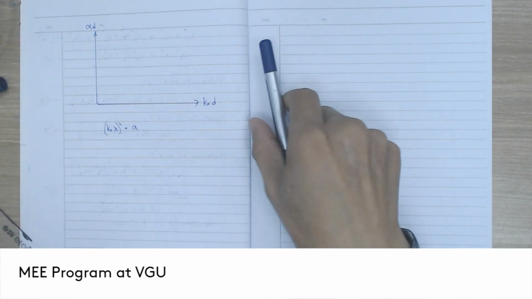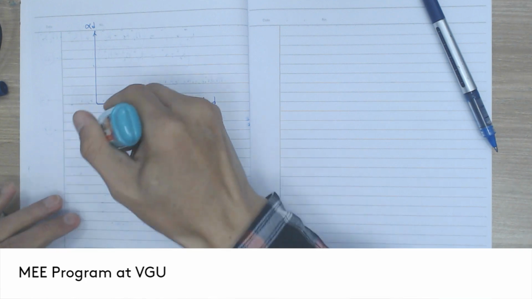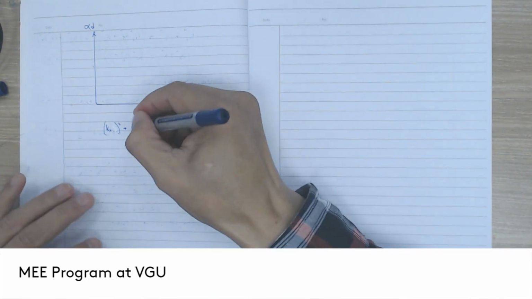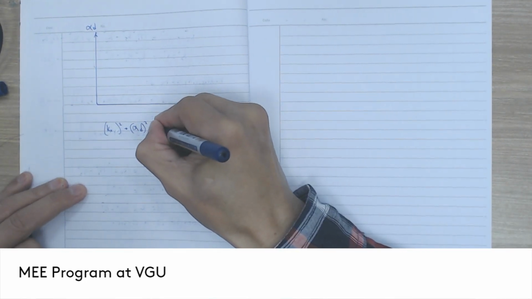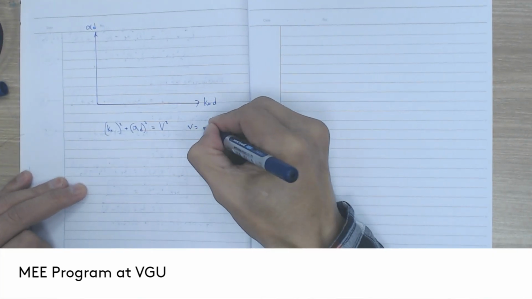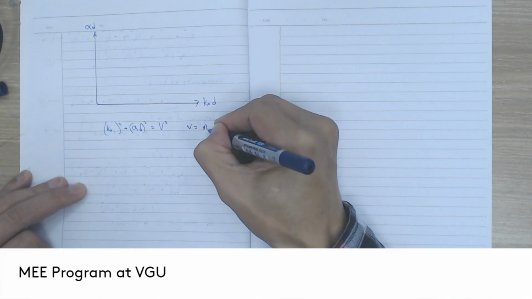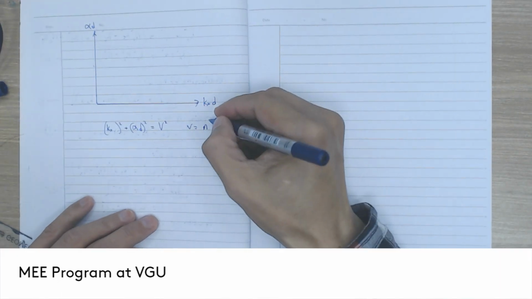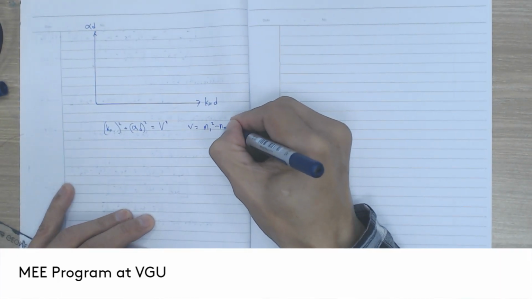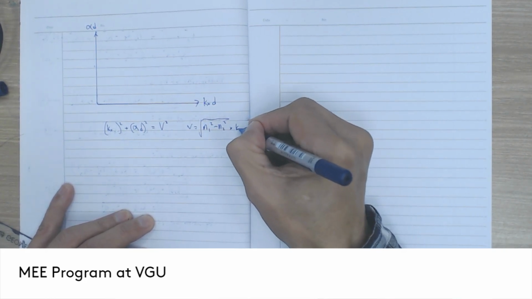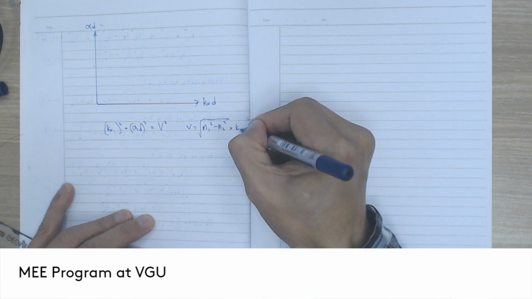kx squared d squared plus alpha squared d squared is equal to V squared, where V is equal to the square root of n1 squared minus n2 squared times k naught d.